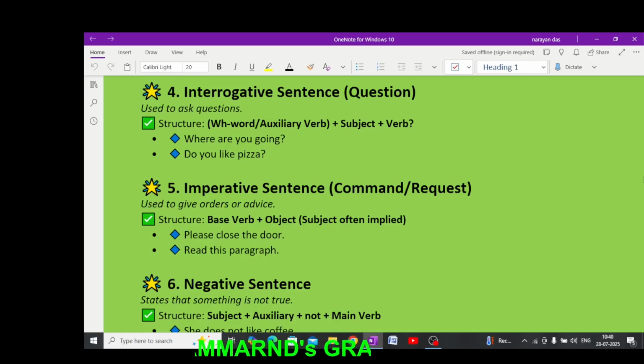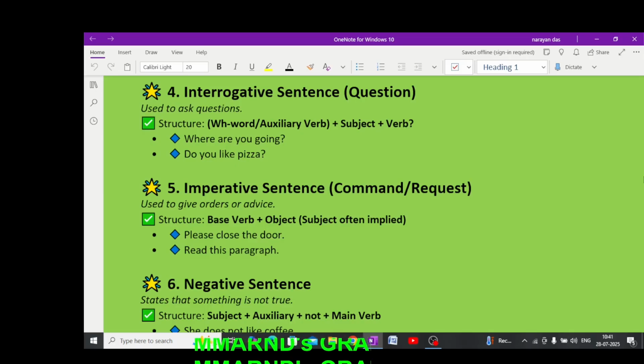The second sentence, read this paragraph. Here read is the verb in base form or present form. This paragraph is object and the actually subject is you. In front of the you, the person, you can say.